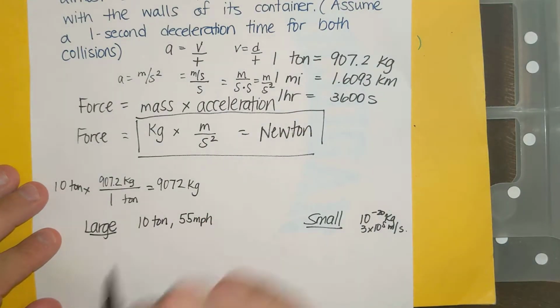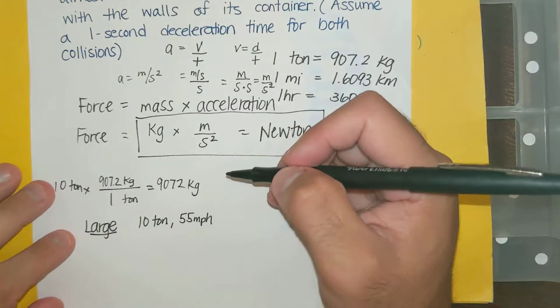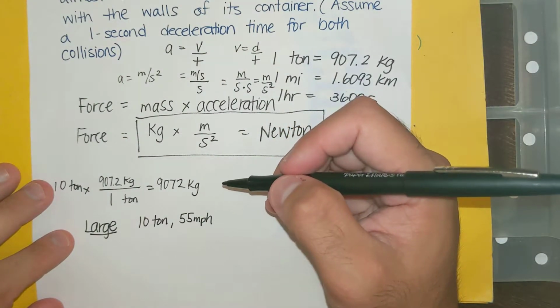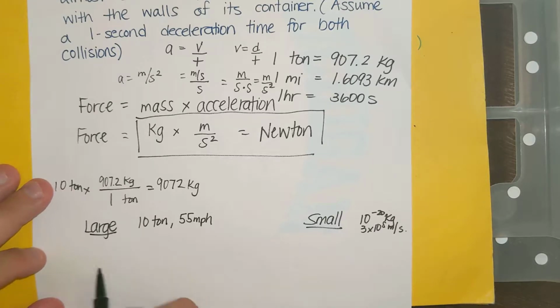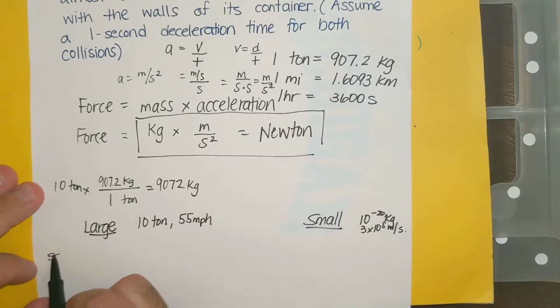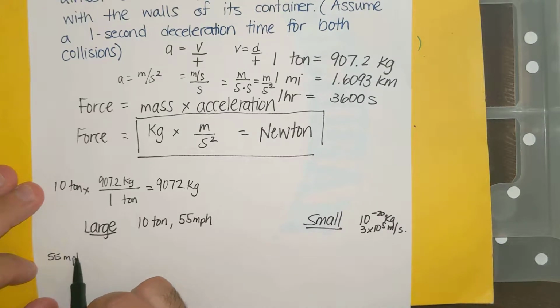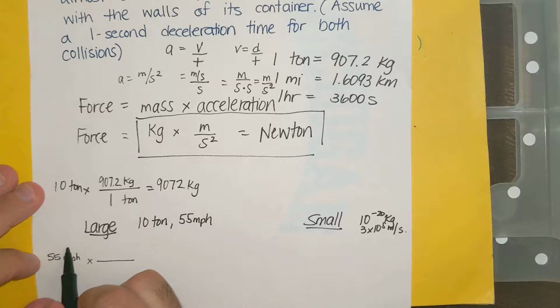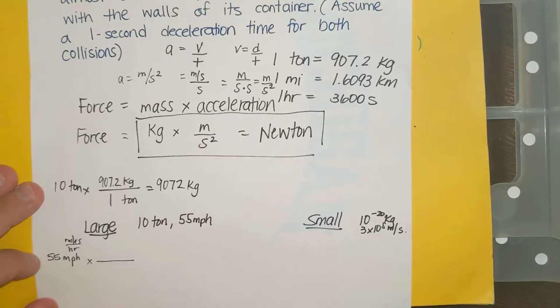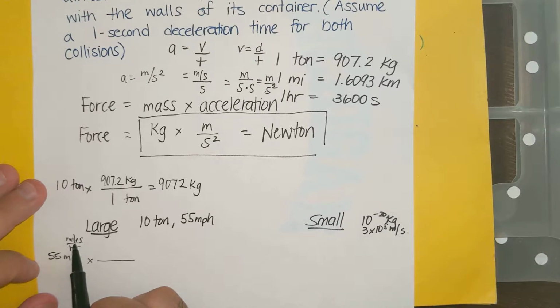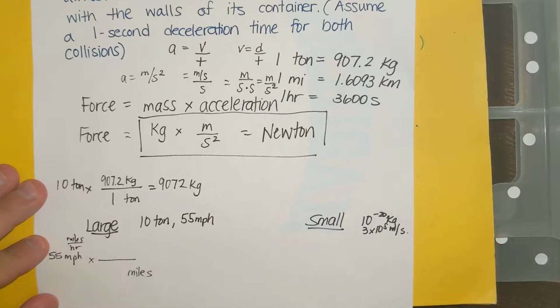And for miles per hour, I want to convert that to meters per second. Now this one's a little bit tougher. If I want to do 55 miles per hour, I have miles on top and hour on the bottom. So I start with miles on top, and I'll put miles on the bottom.